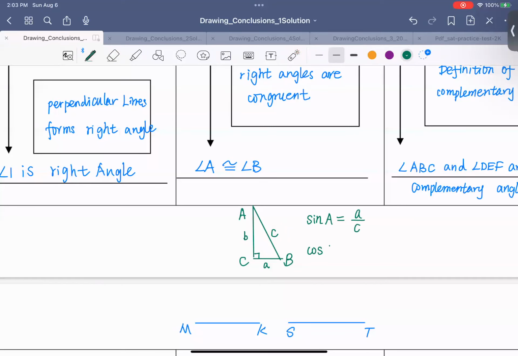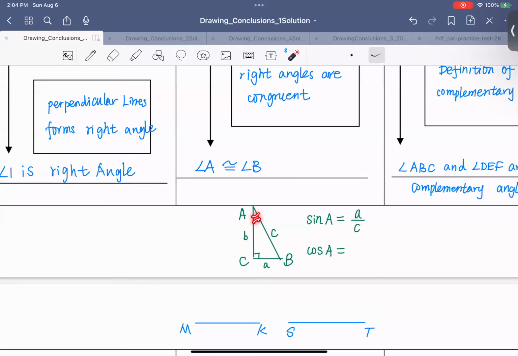The cosine of an angle is called the adjacent over the hypotenuse. In the right triangle, the longest side is always called the hypotenuse. You can see HYP is short for hypotenuse.